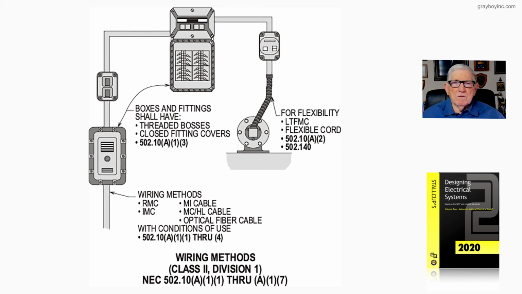But remember, for the dust ignition proof equipment, you must go over to 500.7(B), and then the 502.7 for your boxes and things that are listed there of the dust type now. So that's what this figure 21-32 is illustrating to the user of the NEC.